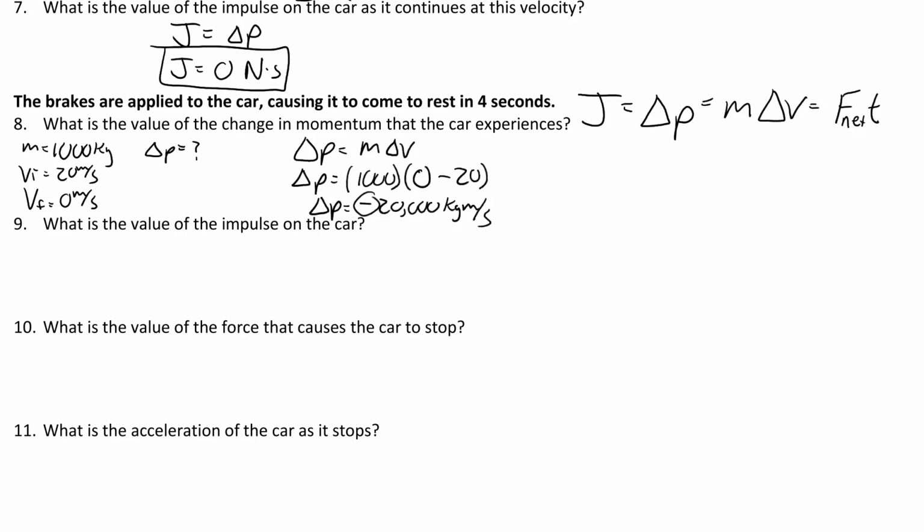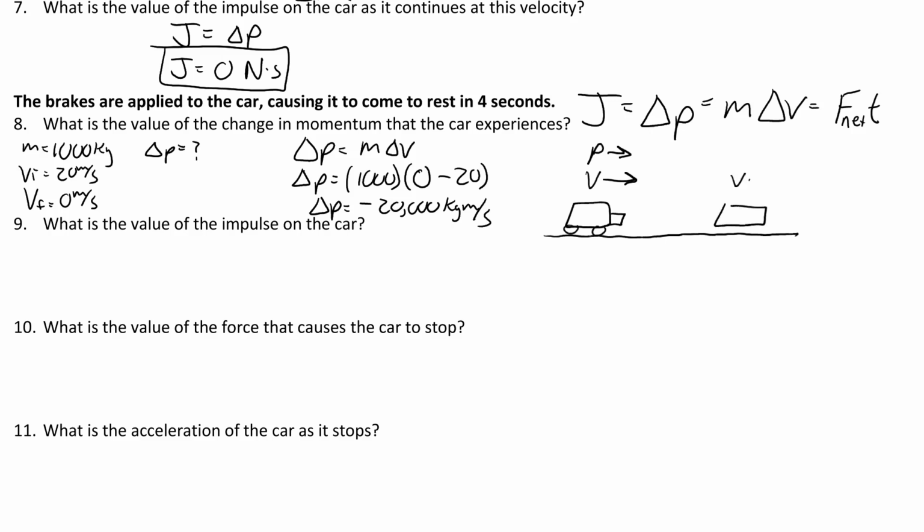And the negative matters. It's wrong if you don't put the negative, because your car is moving to the right. But now something is acting on it, slowing it down. Its momentum is to the right, but the change in the momentum is slowing it down to a stop over here.